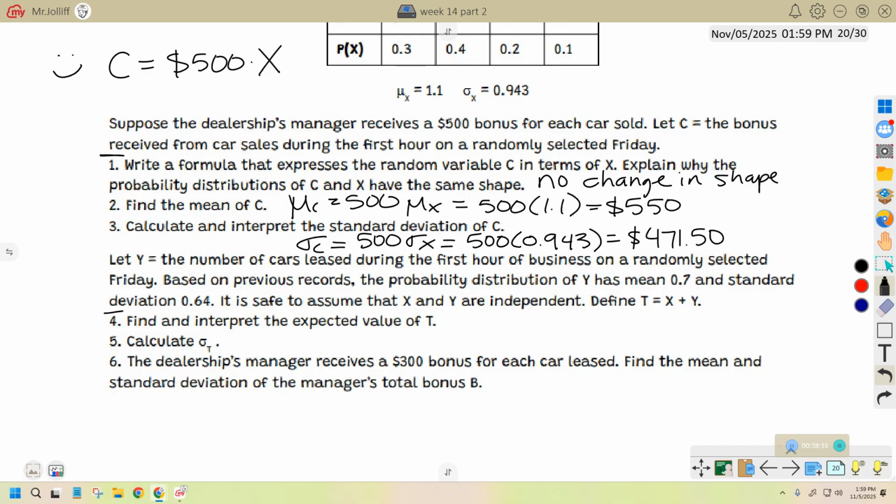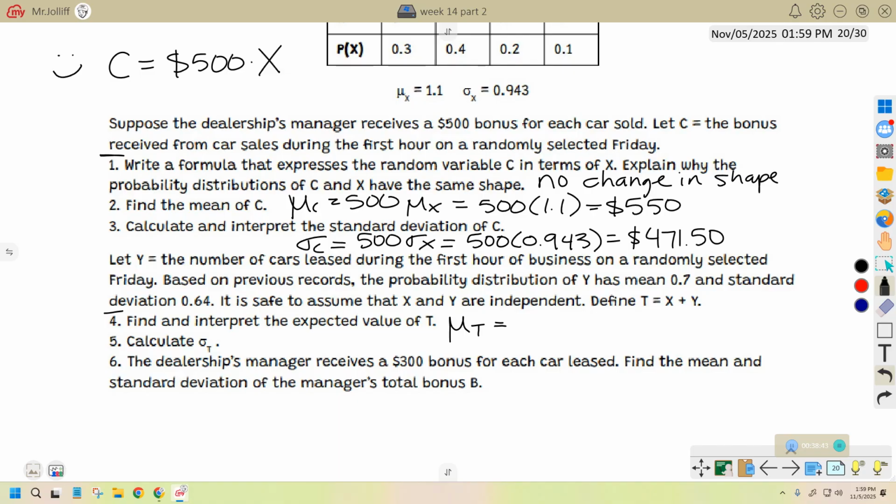The expected value has another term that goes with it. Expected value is also known as the what? The mean, yeah. You're looking for the mean of t. For probability distributions, expected value is another word for the mean.